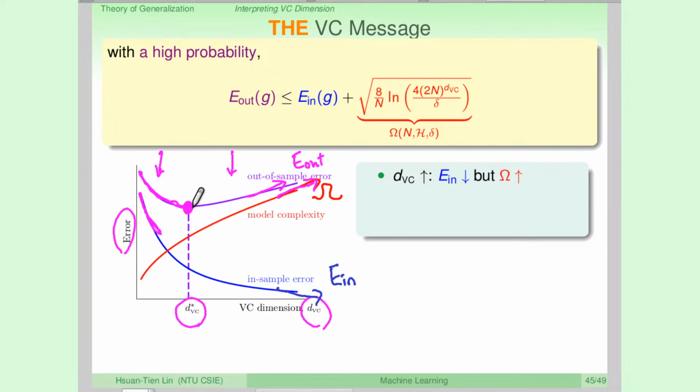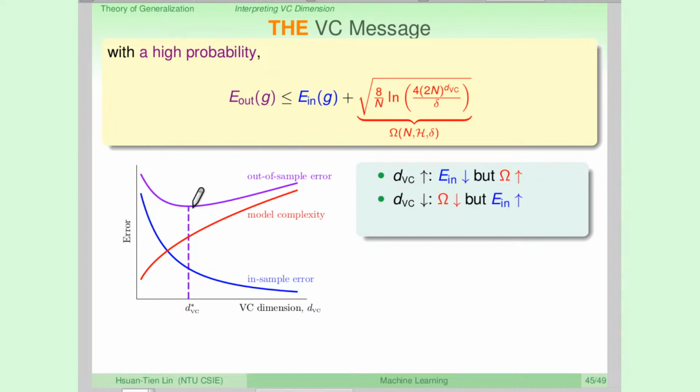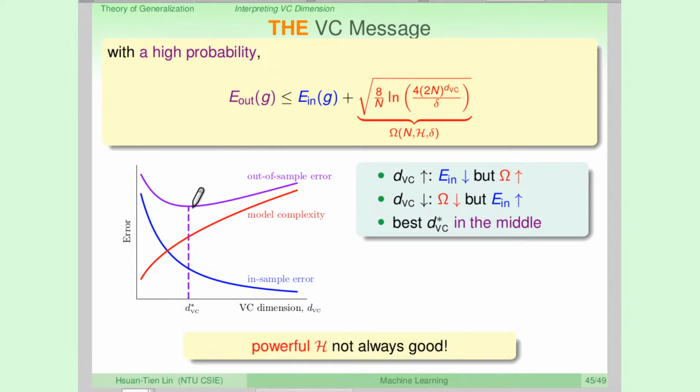Understand where we are in this very illustrative picture and try to choose a hypothesis set that uses the right VC dimension to achieve decent performance. And that's what we're talking about in this figure. It tells you that the most powerful hypothesis set, which is on the right-hand side, is not always good. This should distinguish you from other people who have not taken this machine learning class.